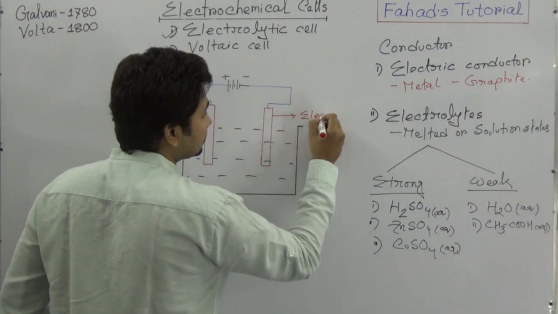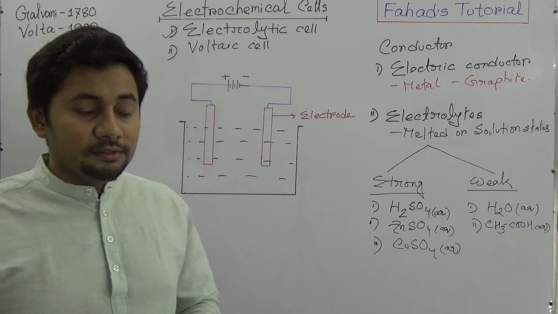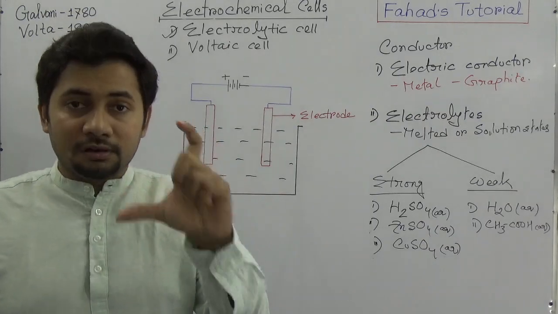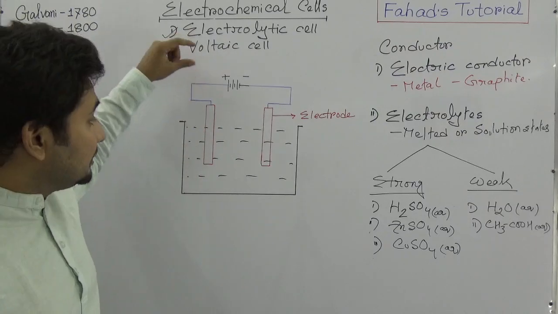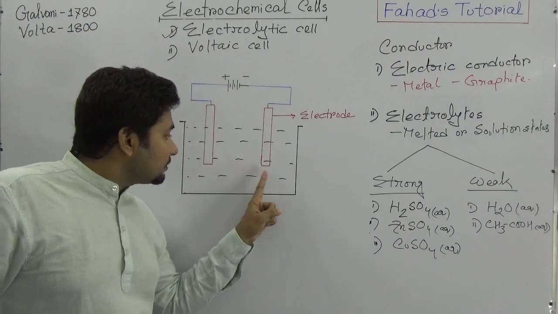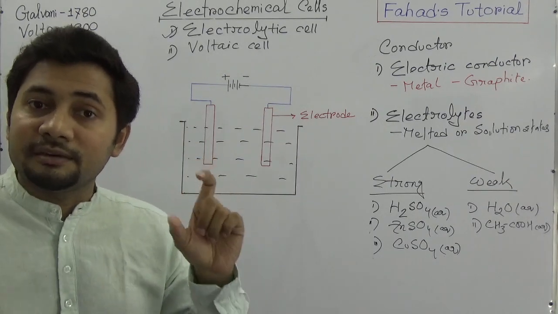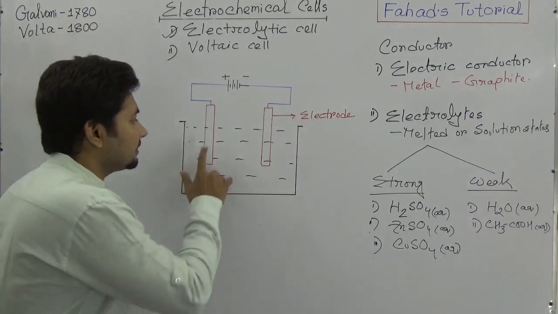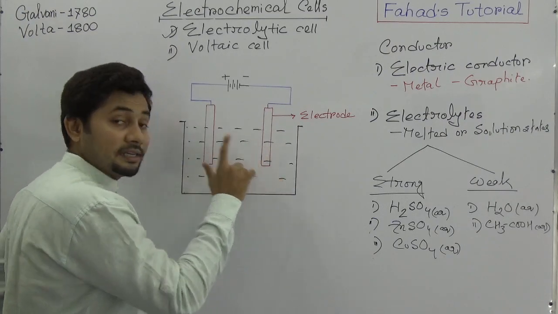So what is an electrode? Those metal rods or graphite rods that are submerged, dipped into the electrolytic solutions in the electrochemical cells, these are electrodes. So this is an electrode and this is also an electrode.